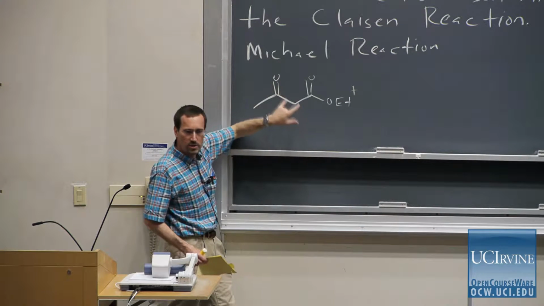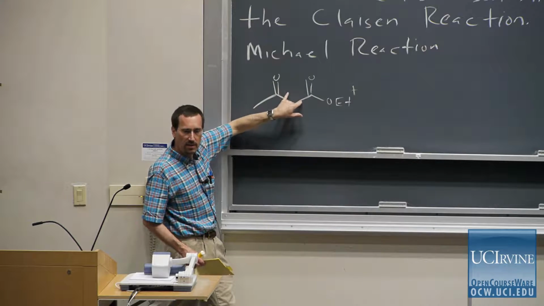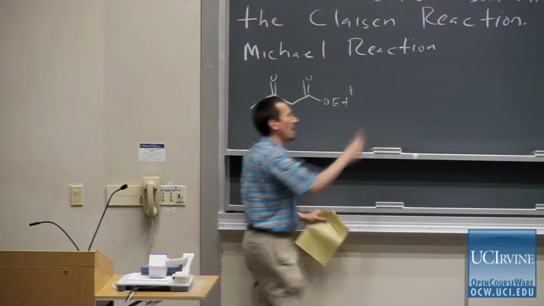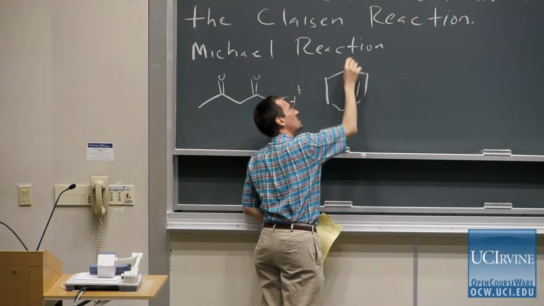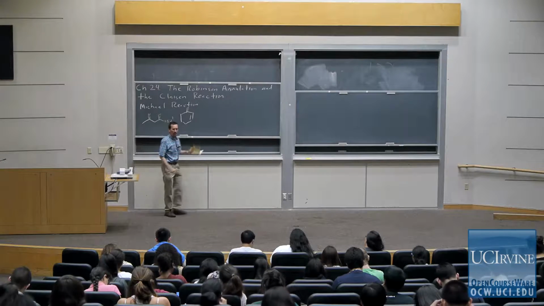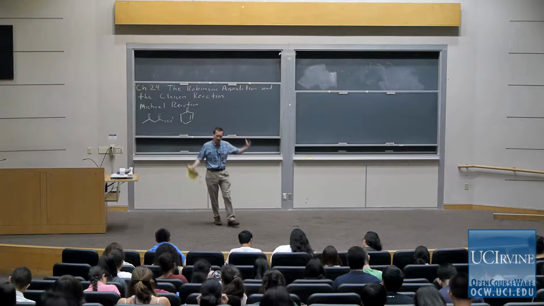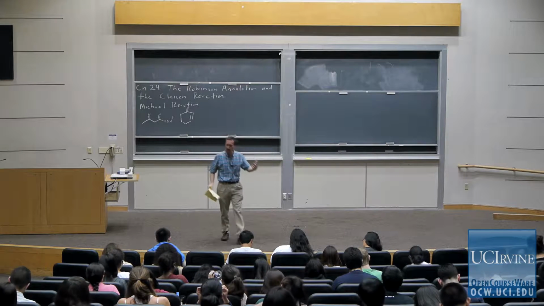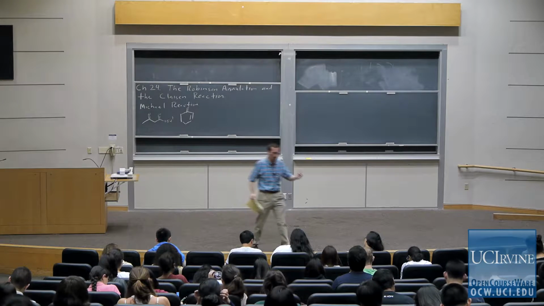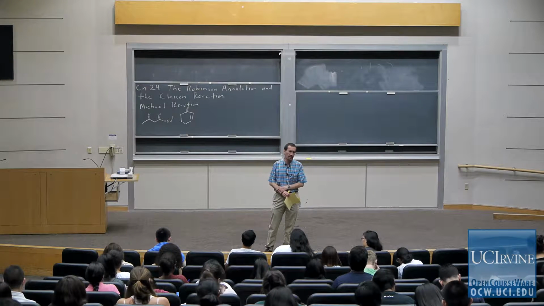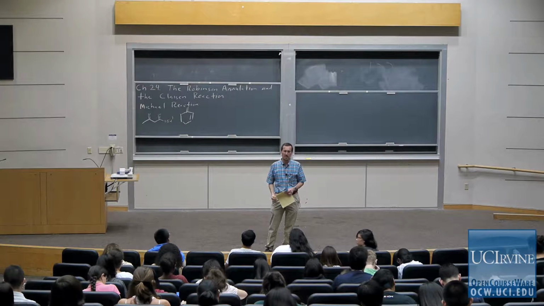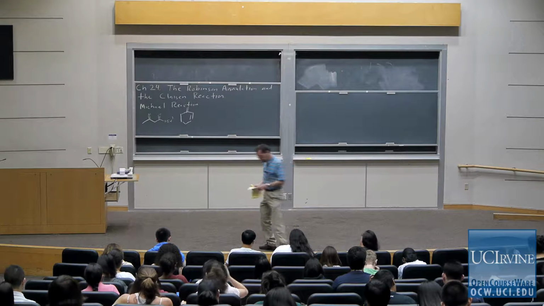So in a Michael addition, we generate an enolate or generate a nucleophile of some sort, and we have an alpha-beta unsaturated carbonyl compound, very broadly defined: alpha-beta unsaturated ketone, alpha-beta unsaturated ester, even other things in the broad carboxylic acid family like an alpha-beta unsaturated nitrile.